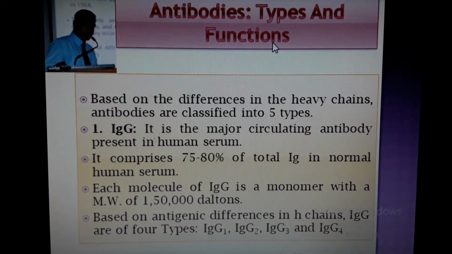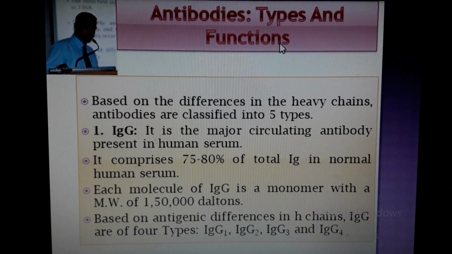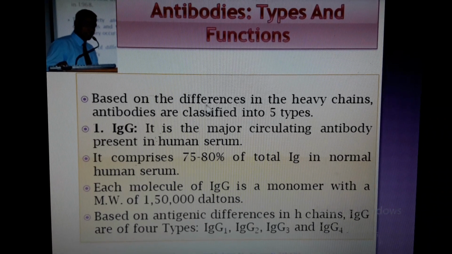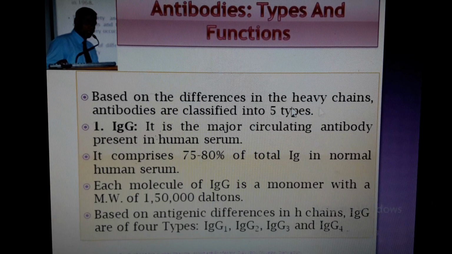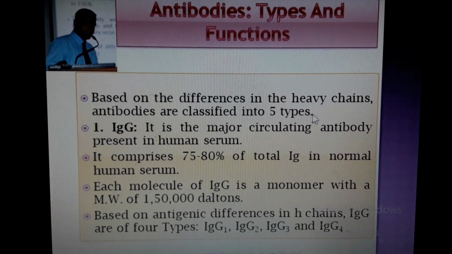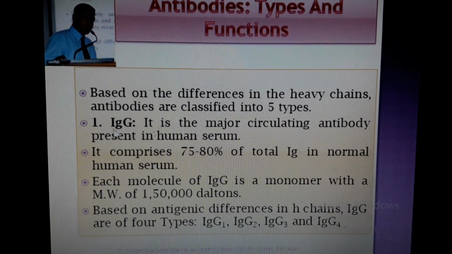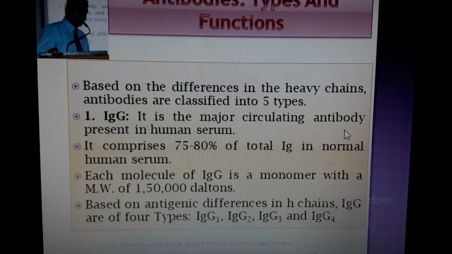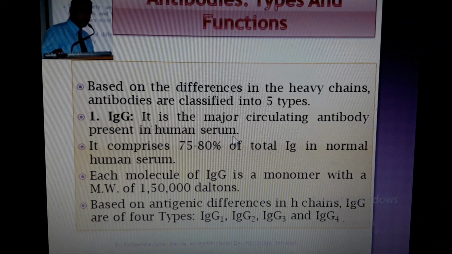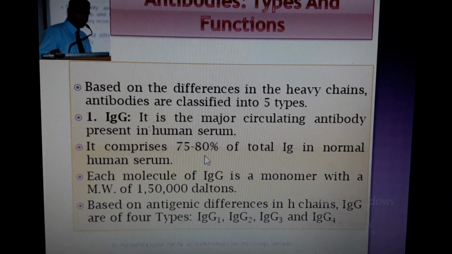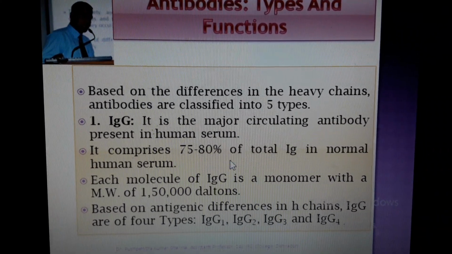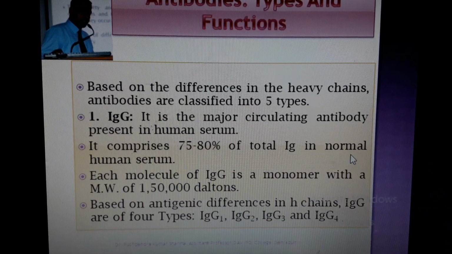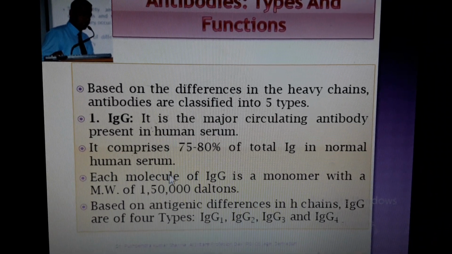Now the different types and functions of antibodies. Based on the difference in the heavy chain, antibodies are classified into 5 types. First antibody is IgG. It is the major circulating antibody present in human serum. It comprises almost 75 to 80% of total immunoglobulin in normal human serum.